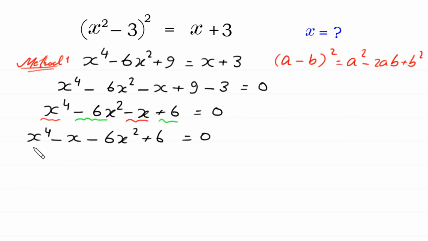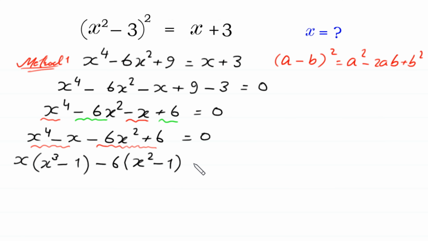Now from these two terms, x to the power 4 minus x, we can factor out x: x times, in bracket, x cubed minus 1. From these two terms, negative 6x squared plus 6, we can factor out negative 6: negative 6 times, in bracket, x squared minus 1, is equal to 0.